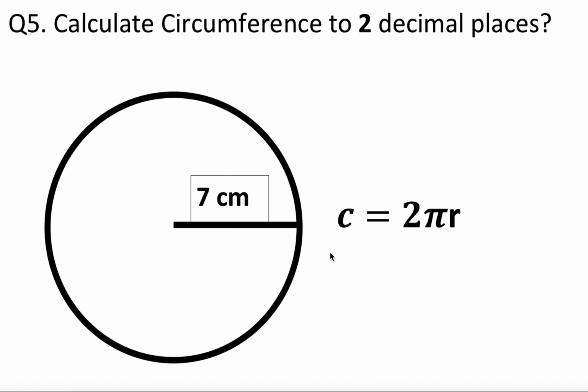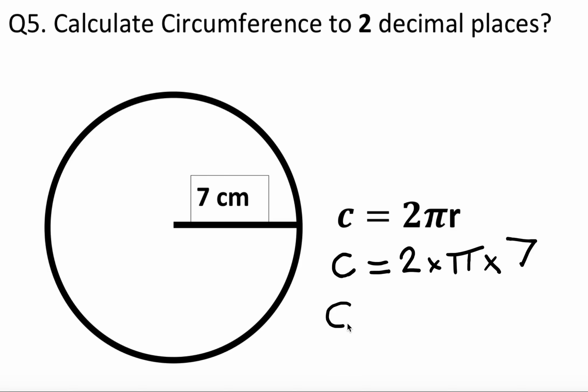And to find the circumference, C is the circumference. It's going to equal 2 times pi times the radius, r, which in this case, we've got on the diagram, it shows us 7.